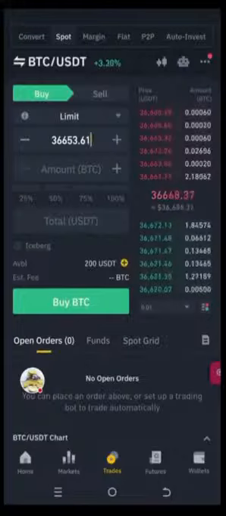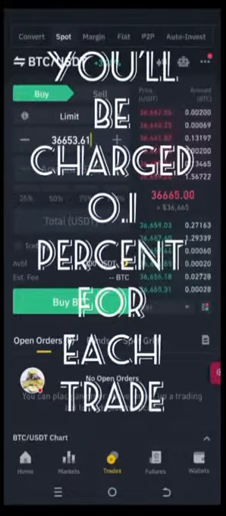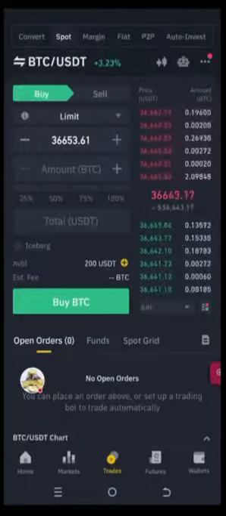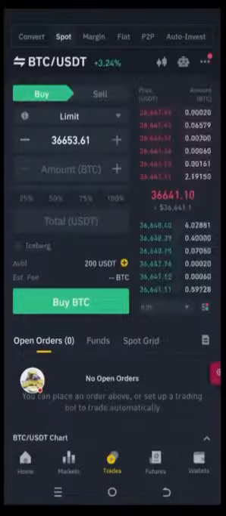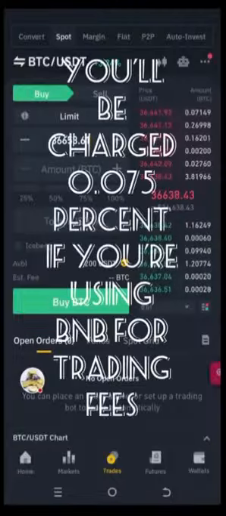Now, of course, you should realize that in the spot trading section here, you're going to be charged 0.1% on any trade, and if you're using BNB for your trading fees, you'll be charged about 25% less, like 0.075.